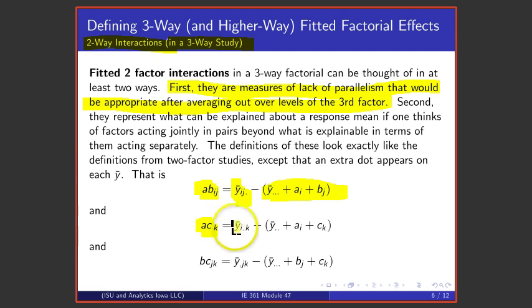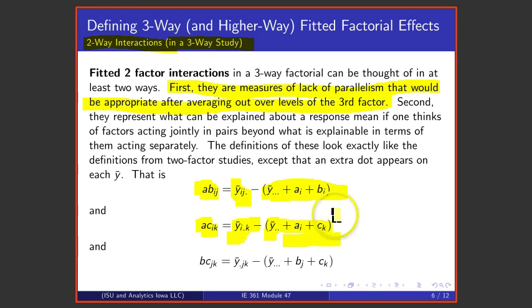AC_ik's are differences between what is in terms of Y bar when you've averaged out over factor B, and what you can explain in terms of, so there's a difference here. The point is that it's the difference between this and what's inside that set of parentheses, and that's in some sense an overall average, an A main effect, and a C main effect.